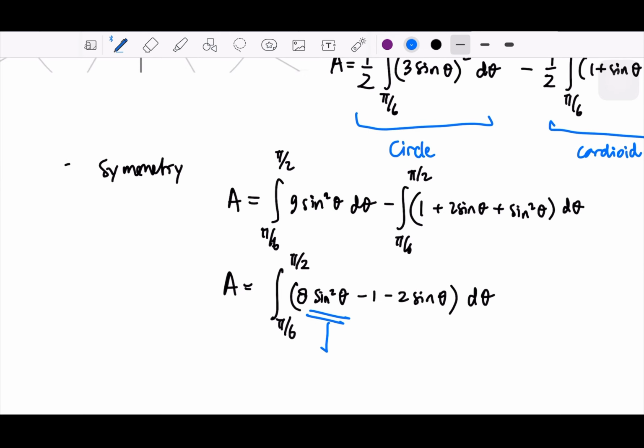And this sine squared here, we can go back to our cos double angle formula, right? So it would be 4 cos 2 theta.